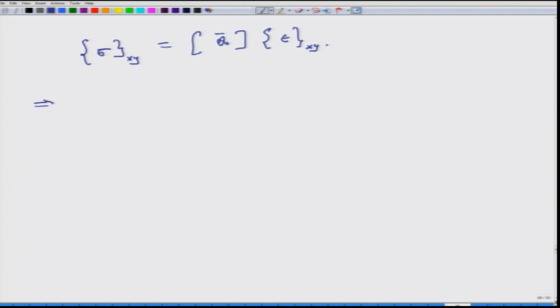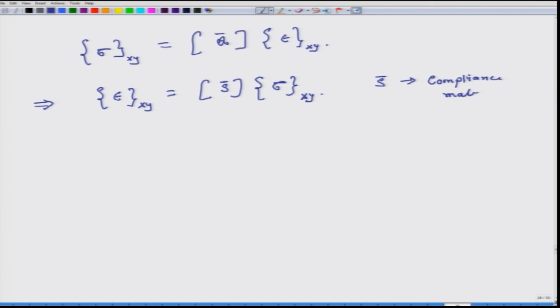So, this gives me strain vector is equal to S bar matrix times stress vector. Okay. So, S bar is the compliance matrix and it is nothing but the inverse of Q bar.